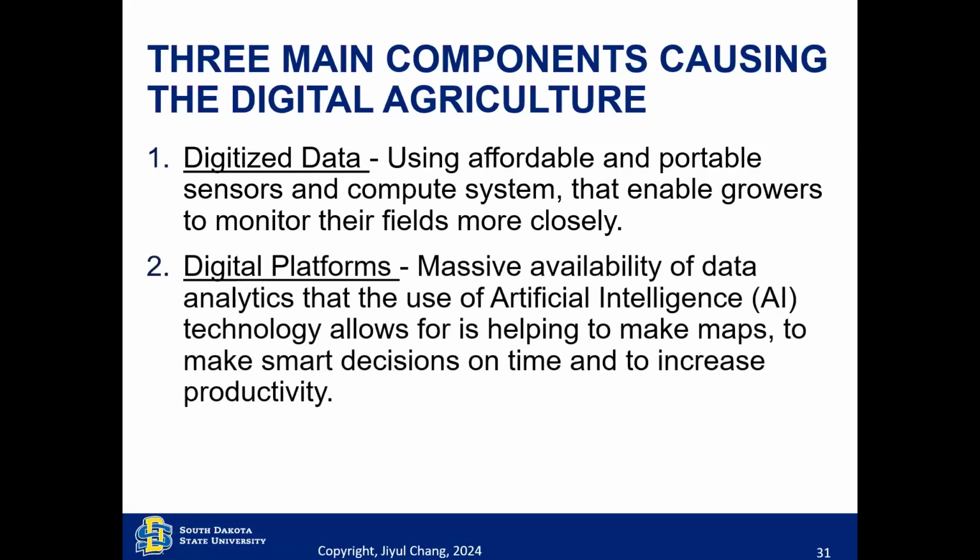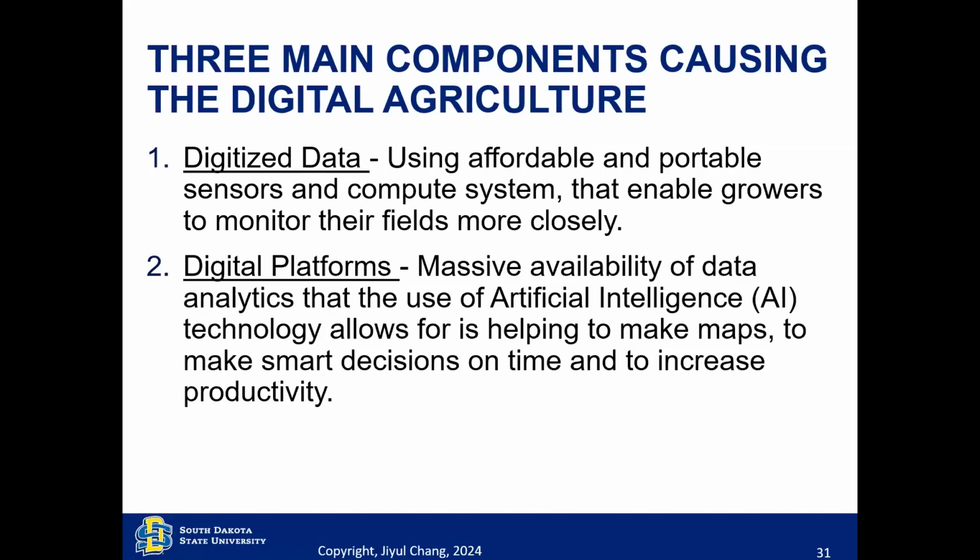Next is the digital platform. A good example of a digital platform is Climate FieldView. When you upload any kind of data to Climate FieldView, the cloud analyzes all the data and, using artificial intelligence, they make good management decisions for you.